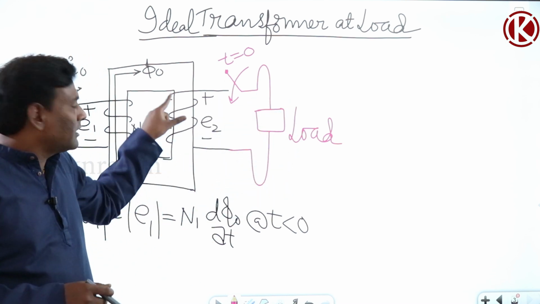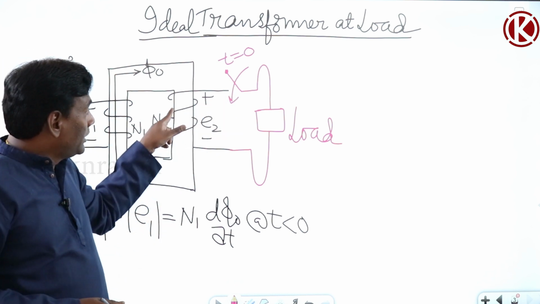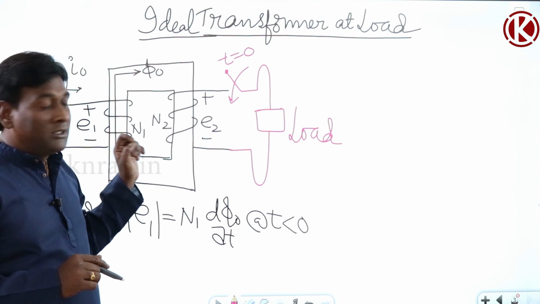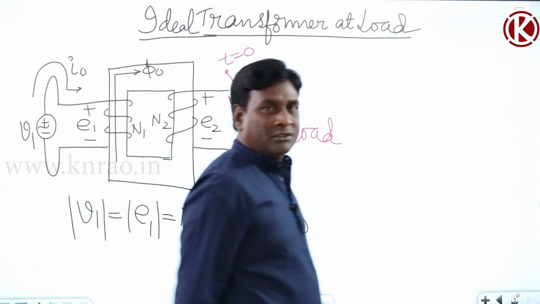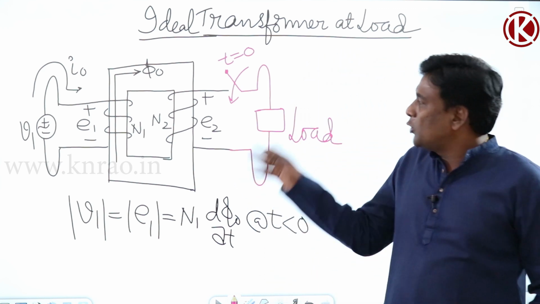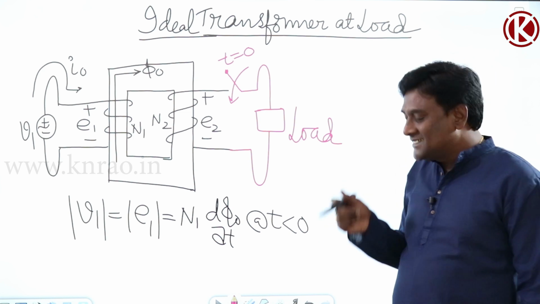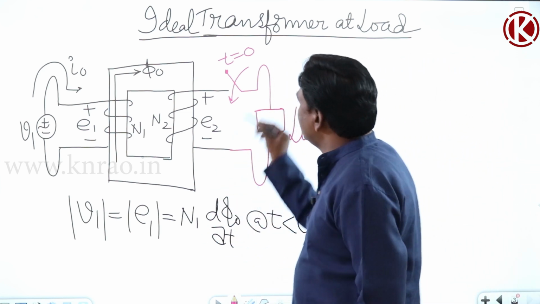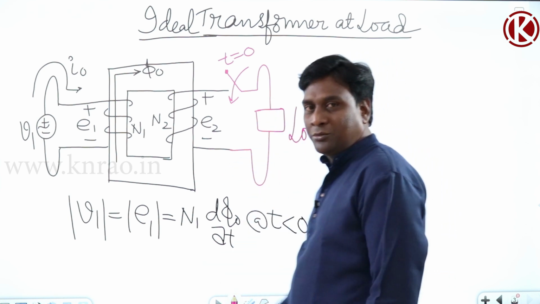Now is this an inductor or not? Yes, it's an inductor. So at t less than 0, current flowing through the inductor is 0. If I close my switch at t equal to 0, immediately after closing the switch, how much current will flow through an inductor? Current cannot change instantaneously in an inductor. So the moment I close the switch, immediately the current flowing through the inductor will be 0.